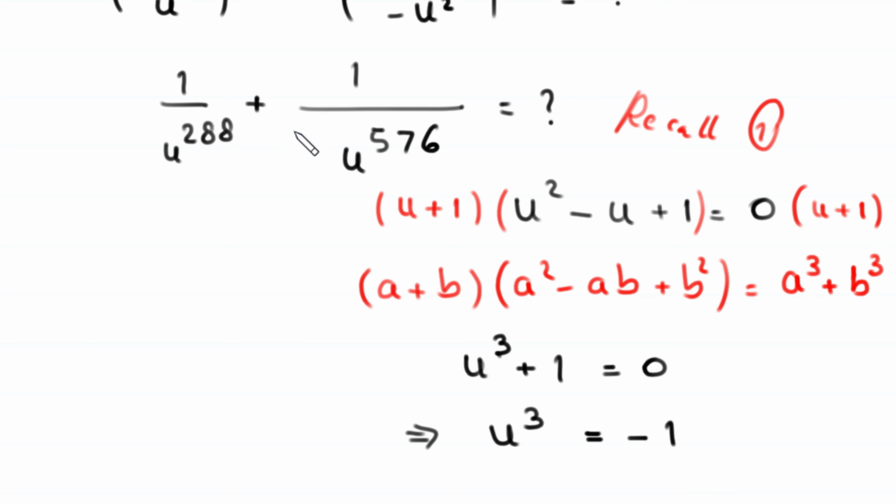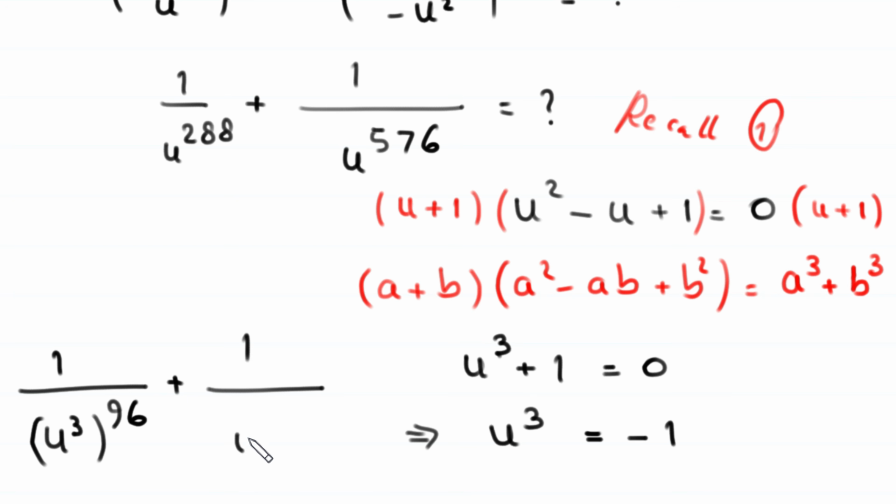Now we write this target expression in terms of u cubed. We can rewrite this 1 over u to the power 288 as 1 divided by (u cubed) whole power 96, plus we can rewrite this 1 over u to the power 576 as 1 divided by (u cubed) whole power 192.